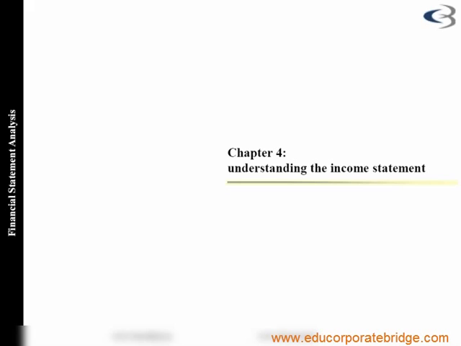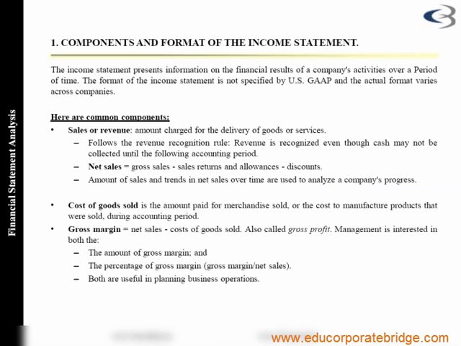So to start with understanding the income statement, which is chapter 4, here we'll try to see the various components which are part of the income statement. So components and format of the income statement. The income statement presents information on the financial result of a company over a period of time.